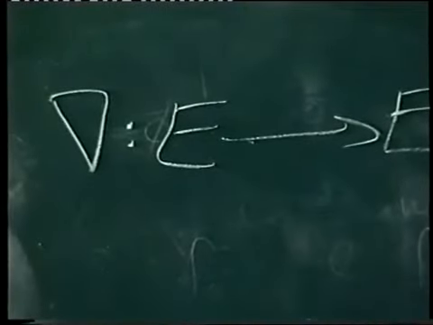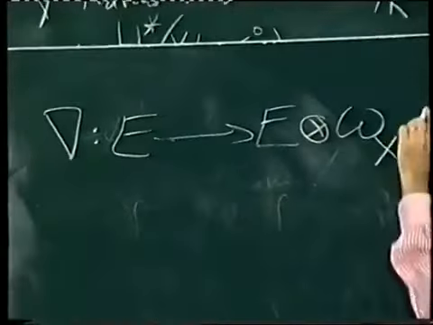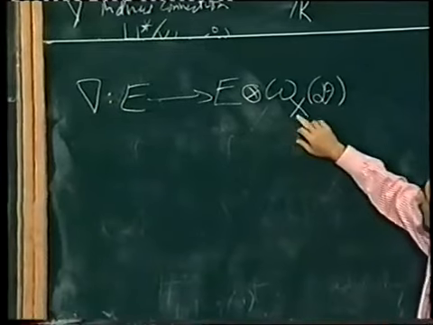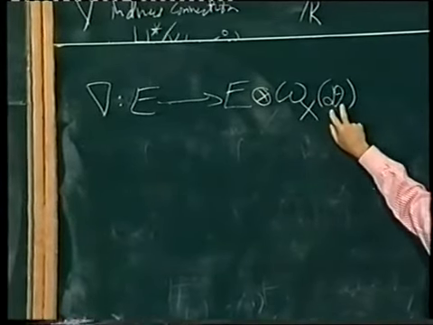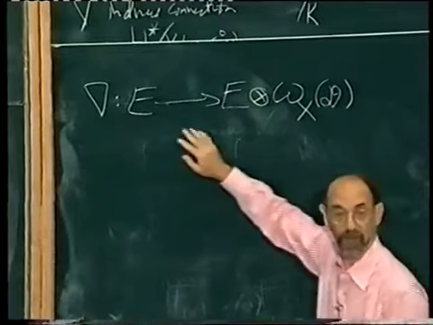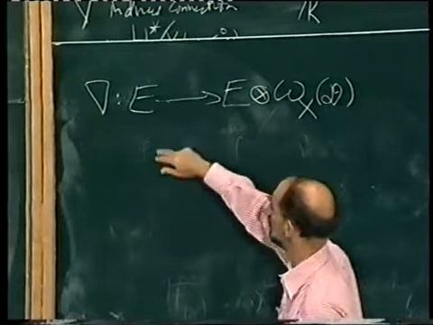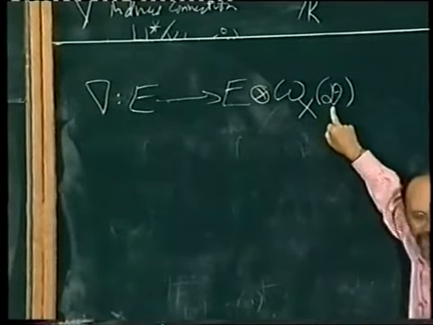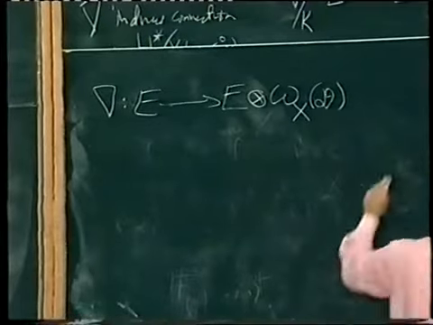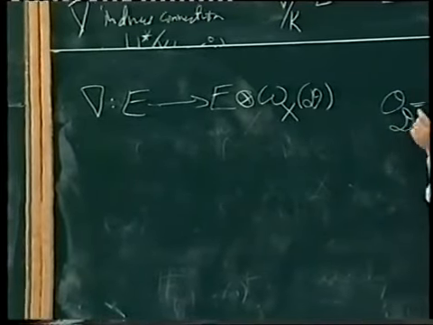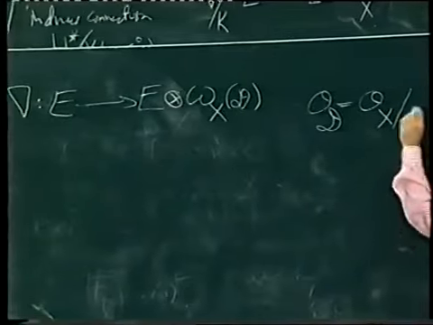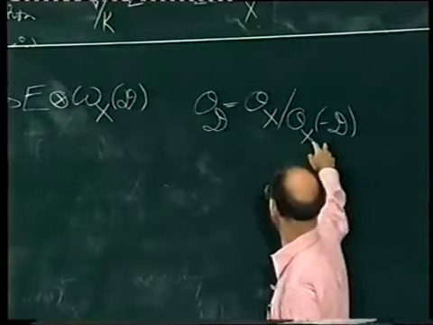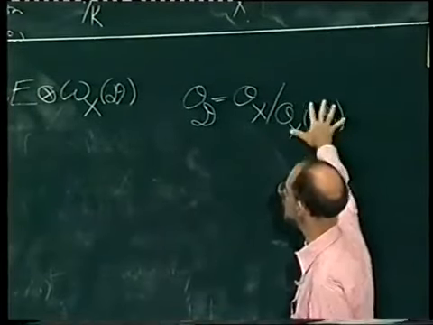Let me write it this way. In other words, rather than thinking of it on the open curve, I'll think of it on the whole curve, but I'll permit poles. So this means that my connection has poles. Now, when I have a gadget like this, what I can do is restrict it to the scheme D. So in other words, I can write OD as OX modulo OX of minus D, divide out by functions vanishing to order mi at xi.